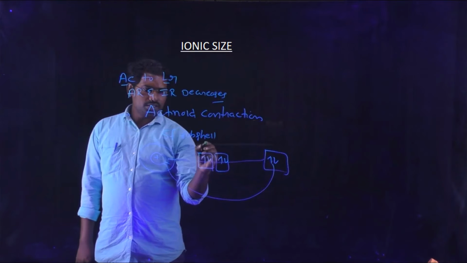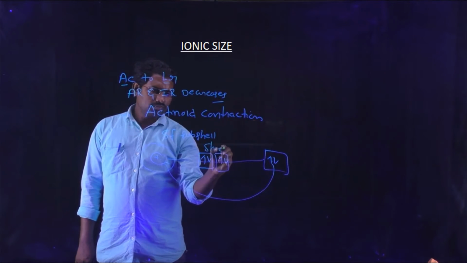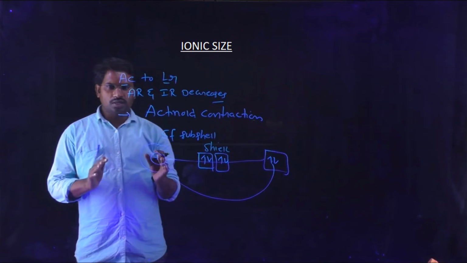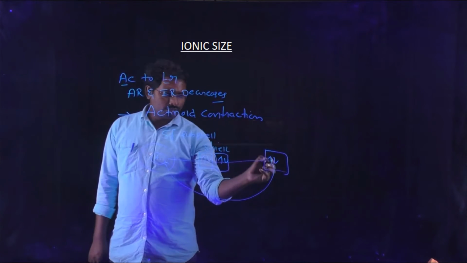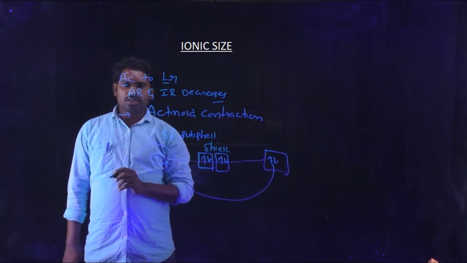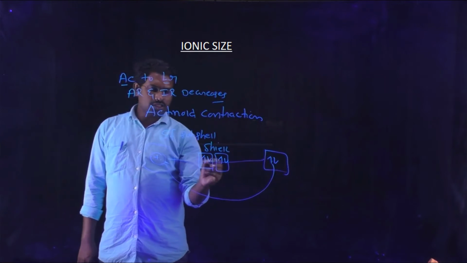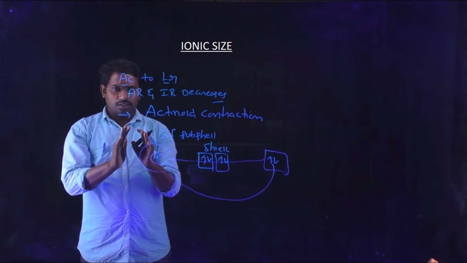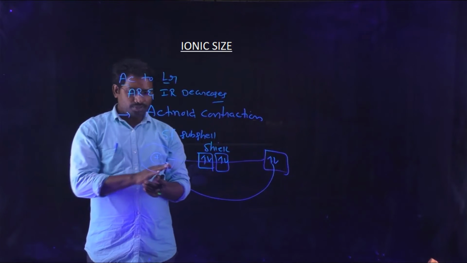Here these inner shells can act as a shield, which lowers or reduces the attraction between the outermost valence orbital and the nucleus. That is known as the shielding effect. These inner shells act as shields, that means they protect the valence shell electrons from the attraction of the nucleus.